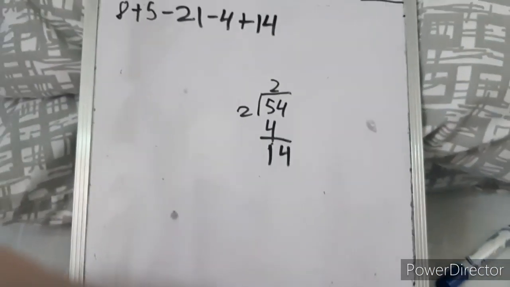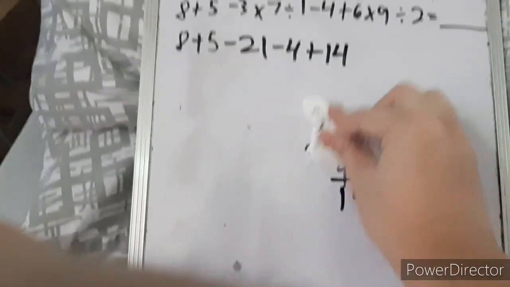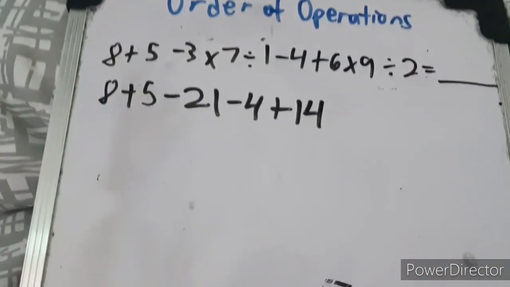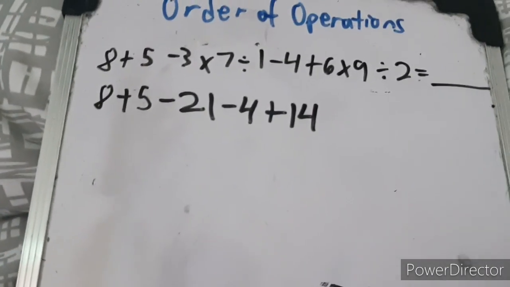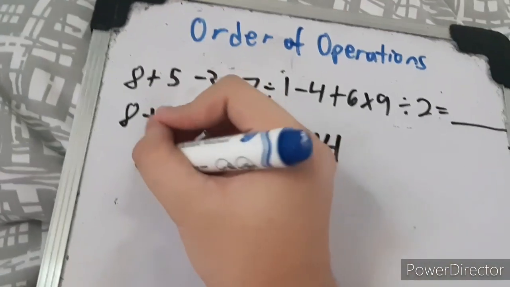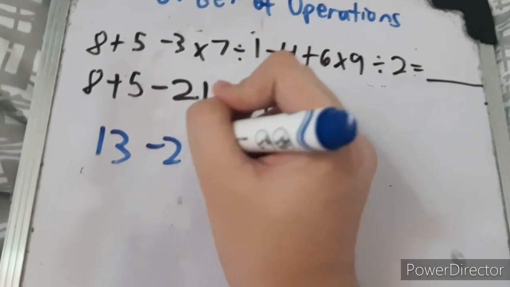Okay, it's time to solve. Simulan natin sa plus kasi ang plus pinakakaliwa yun. 8 plus 5 is 13. Negative 21 minus 4 is negative 25.